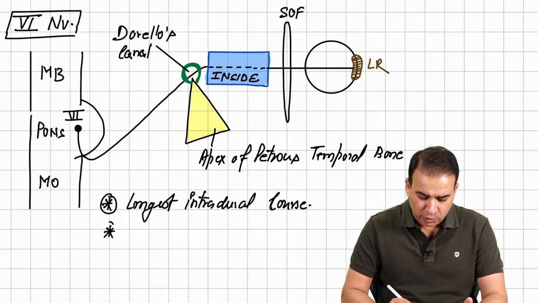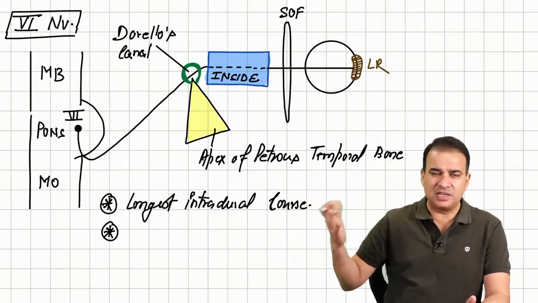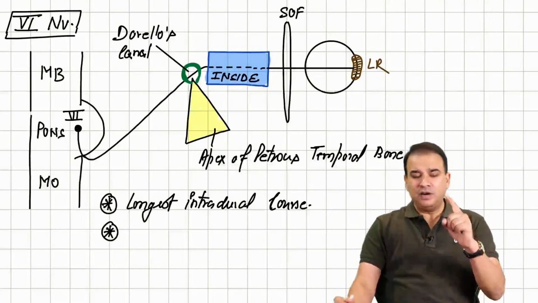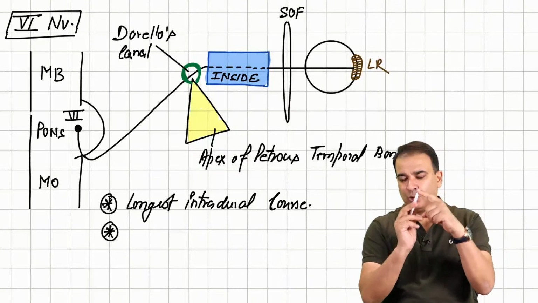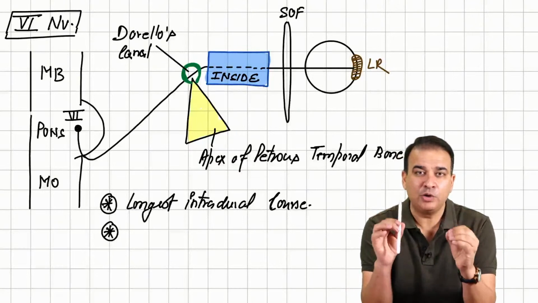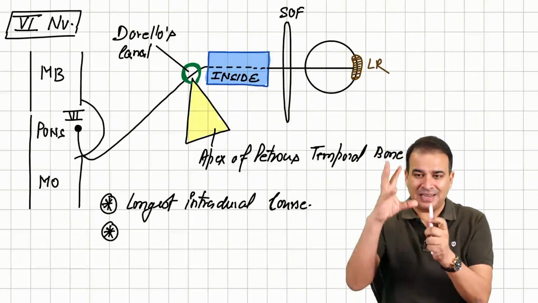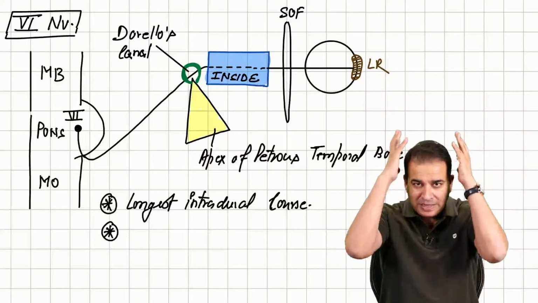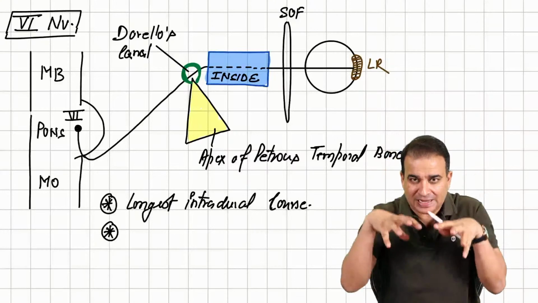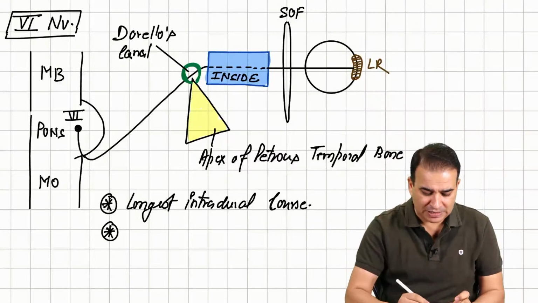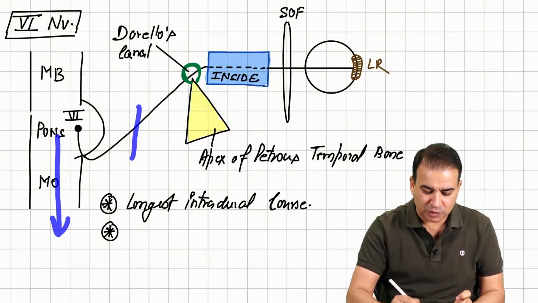It is also to be noted that we already said the nerve is inside the cavernous sinus. That is very much visible in the picture. We don't have to write that. See, the nerve is very close to the apex of the petrous temporal bone, and that makes the nerve vulnerable to injury there. In increased intracranial pressure, the brainstem will try to descend downward. There is pressure on the entire brainstem, and it tries to descend downward. Now imagine if the brainstem descends downward, the nerve is also pulled down.